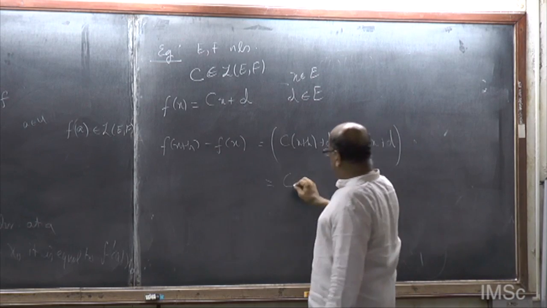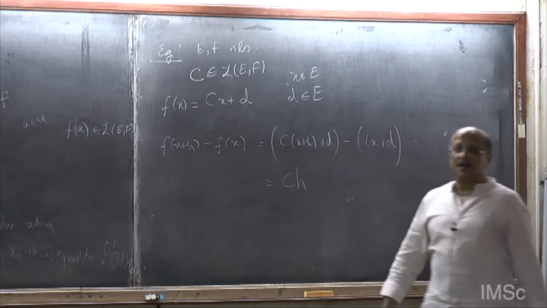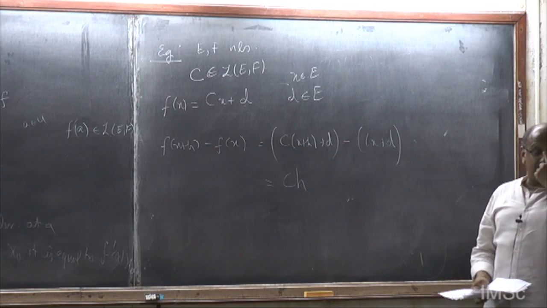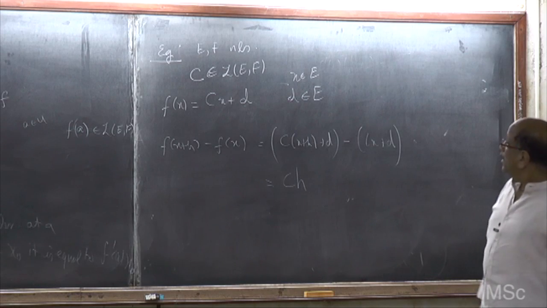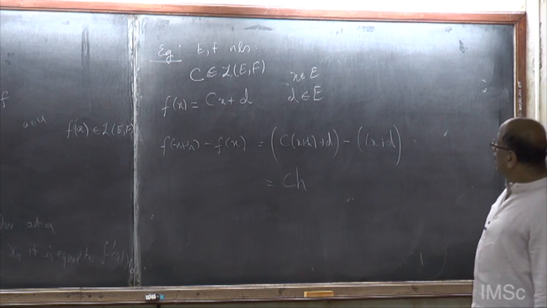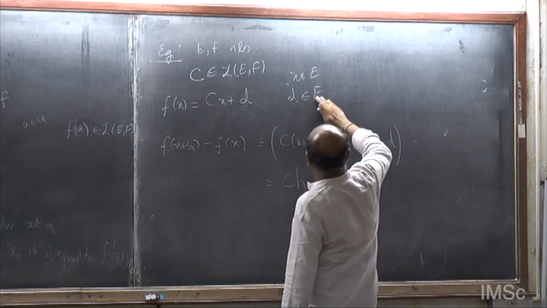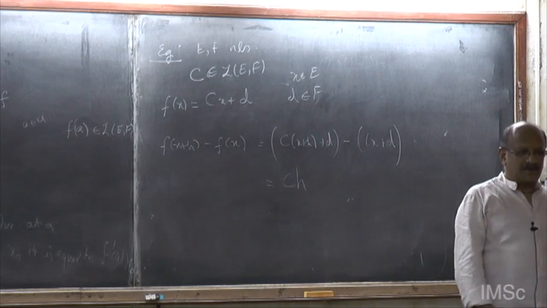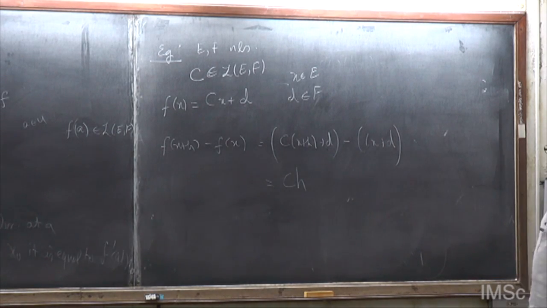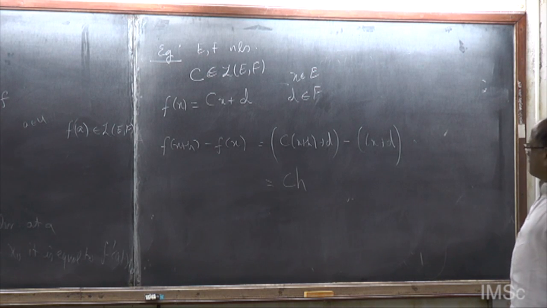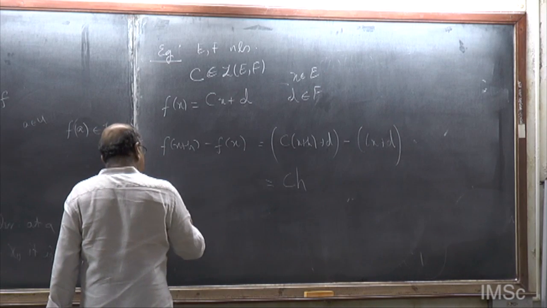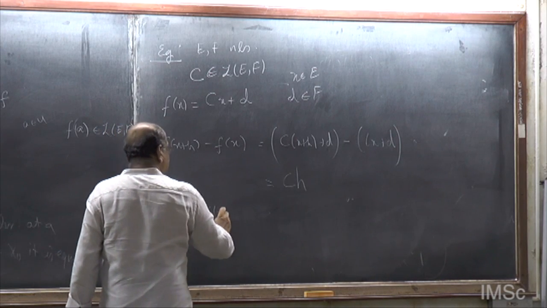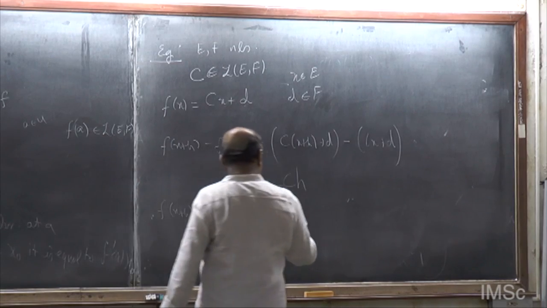So, you are just left with Ch. h is a vector now, remember. d belongs to F. Thank you. Of course, d must belong to F. So, f(x+h) minus f(x) minus Ch is in fact 0.